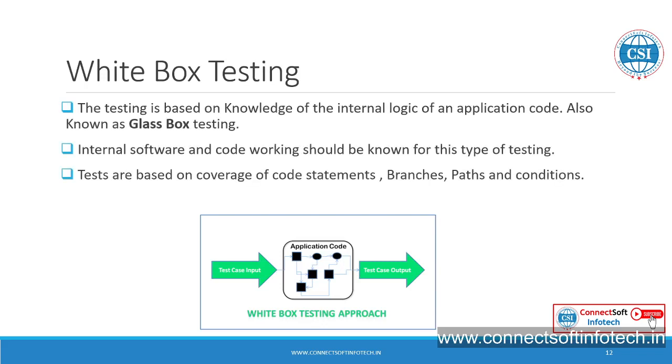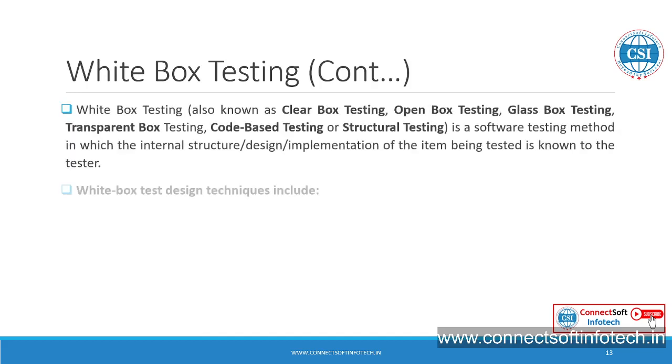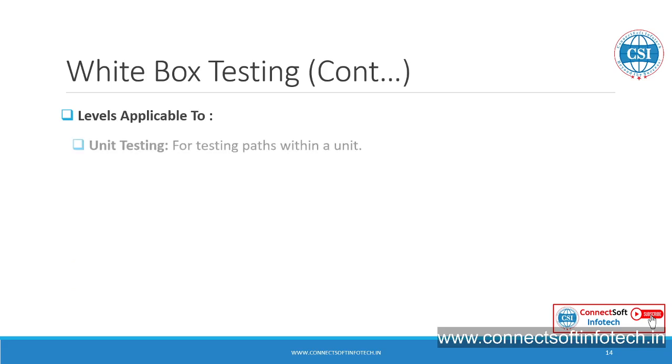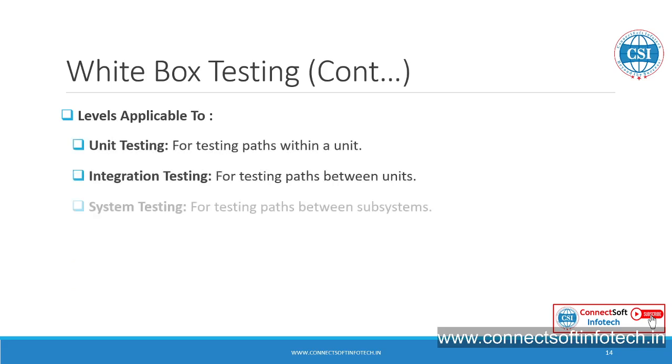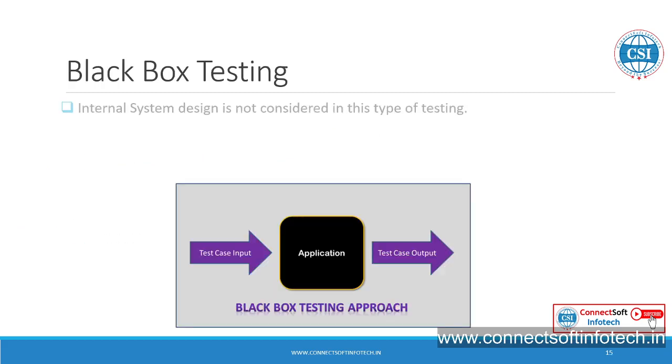Definitely they will ask in the interview. You can find here the levels that are applicable: unit testing, integration, and system testing. Unit testing belongs to white box testing. Integration and system testing belong to black box testing. You can check here.